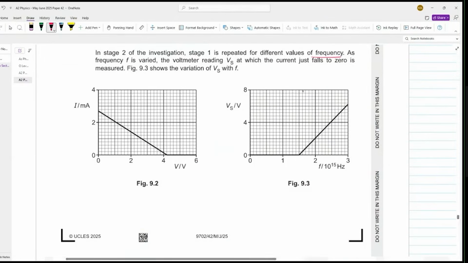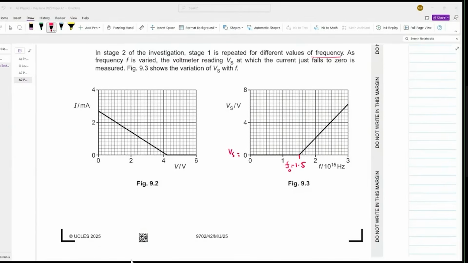First of all, can you see that before a frequency of 1.5, the stopping voltage is 0? Why? Because 1.5 is your threshold frequency. Before the threshold frequency, electrons will not be emitted, and if electrons are not emitted, you do not need a stopping voltage.